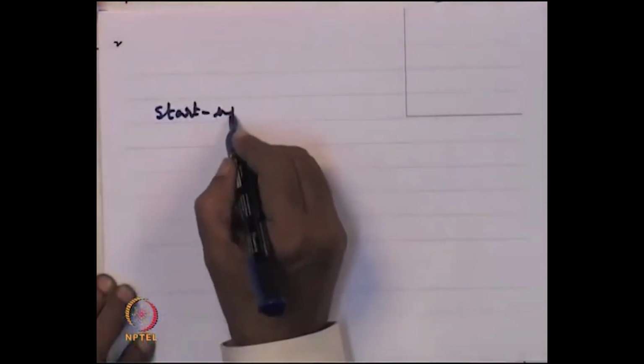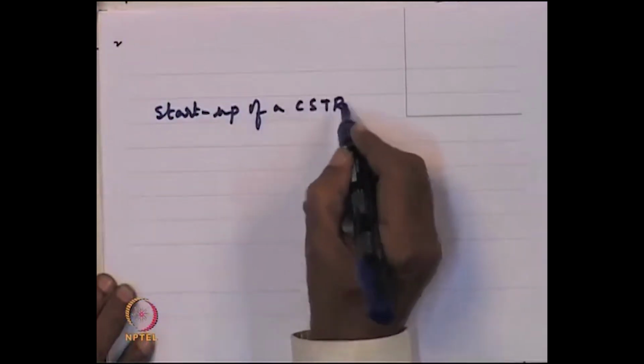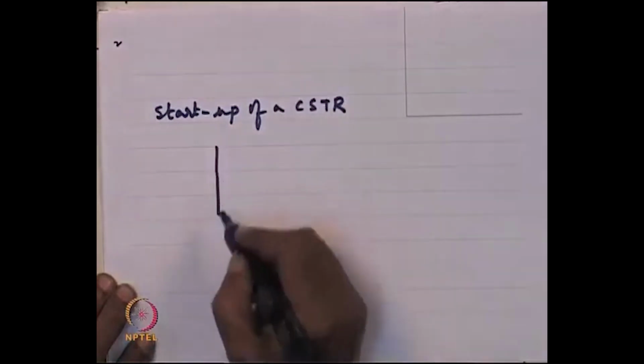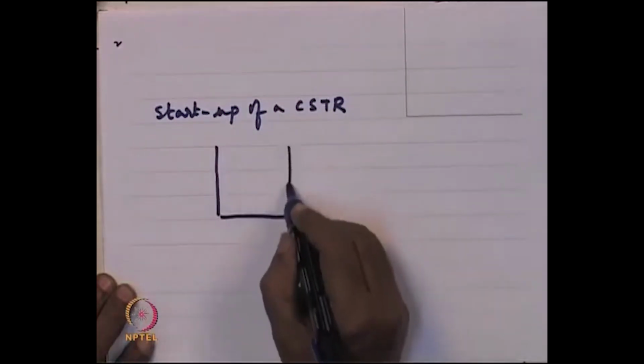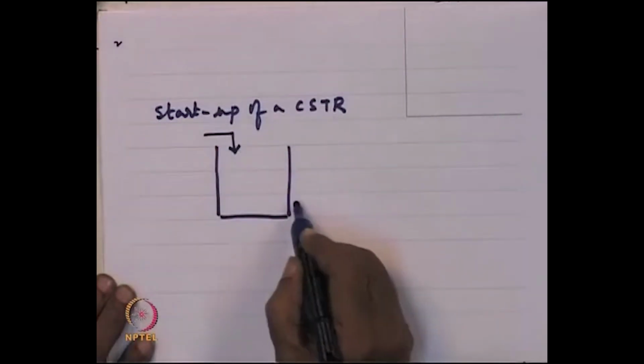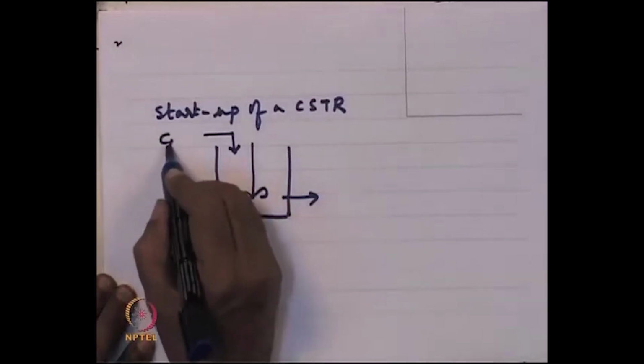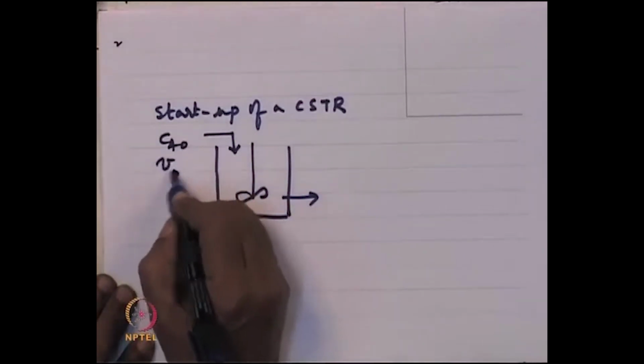So, startup of a CSTR. What do we have? We have a CSTR, let us say, to which material is coming in and material is going out. It is well stirred, say it is C A0 coming in at V0.